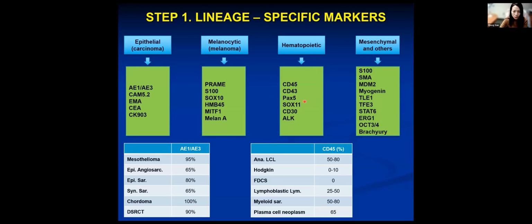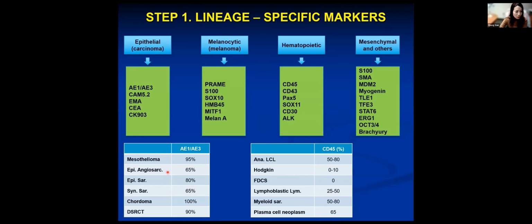As a first-line screening marker for epithelial lineage, we use AE1/AE3, which is expressed in the majority of epithelial neoplasms. However, a few exceptions exist. For example, hepatocellular carcinoma and adrenal cortical carcinoma are negative for AE1/AE3. On the other hand, non-carcinoma malignancies may show variable AE1/AE3 expression.